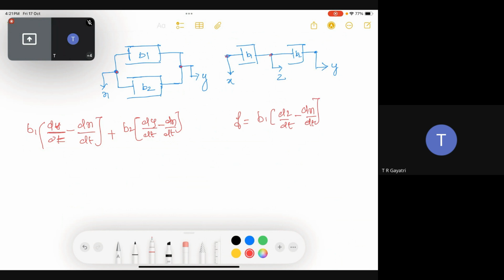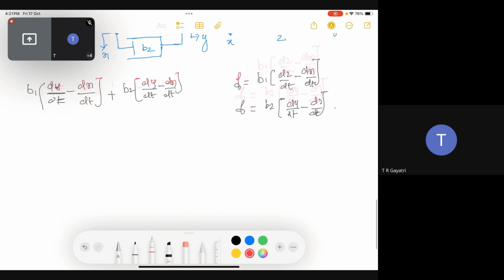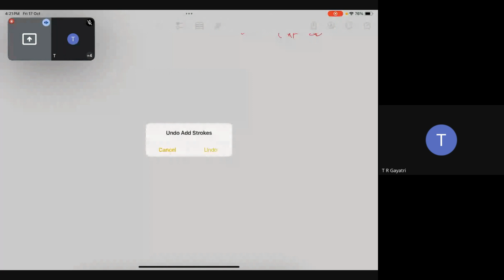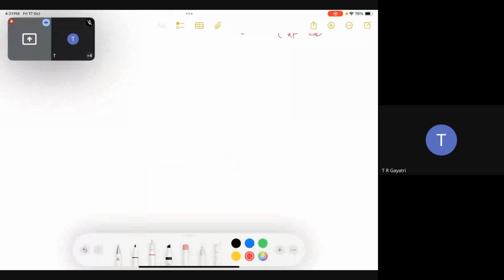And again, a different damper which has two separate nodes, a starting one and an ending one, B2 into (dy by dt minus dz by dt). That's how it is. So we have seen the basics of the mass spring damper systems, the individual elements, and we'll see some problems which take them together.